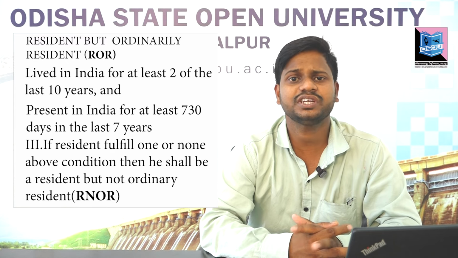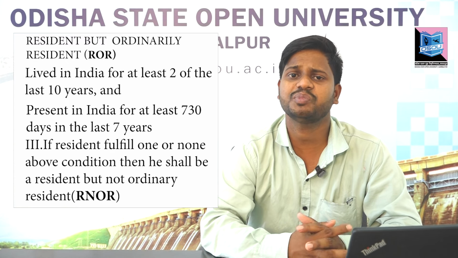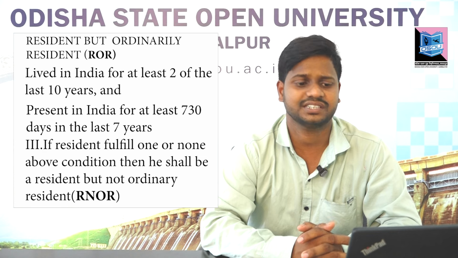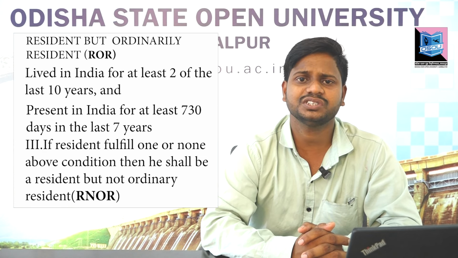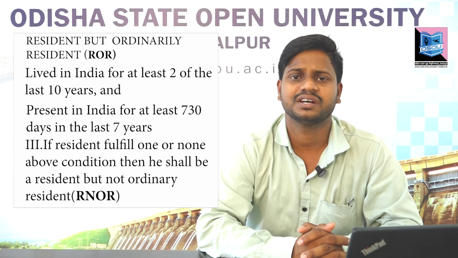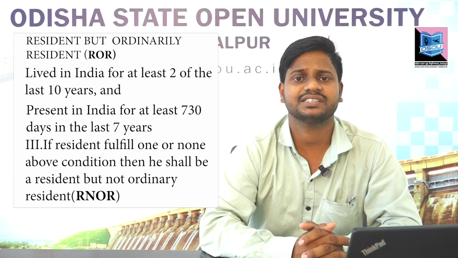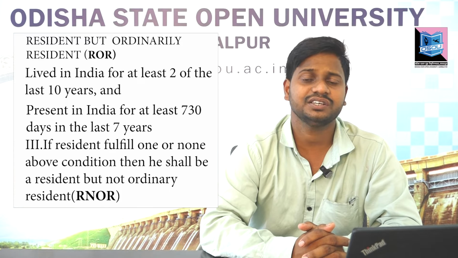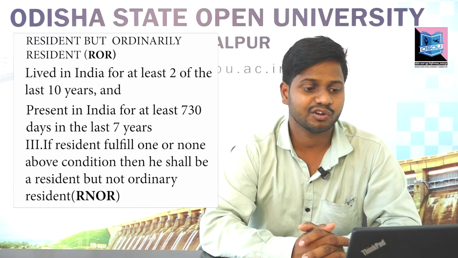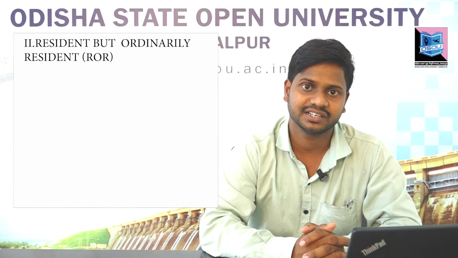Here both conditions are important for an ordinary resident. If any one condition is not met, then he will not be called an ordinary resident. Then he will be called a not ordinary resident.